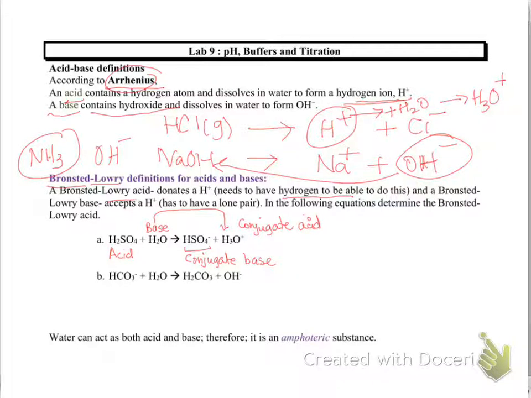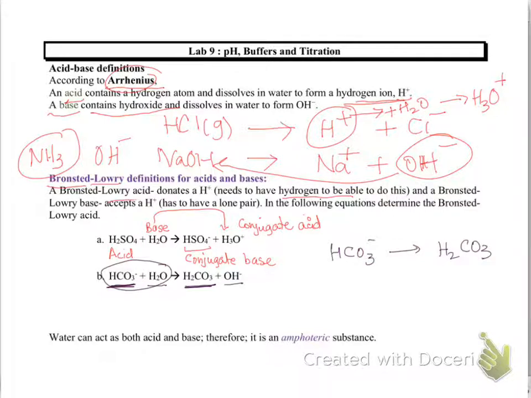Let's look at another example. Bicarbonate ion here reacts with water to produce carbonic acid and hydroxide ion. Now out of these two, which one is an acid and which one is a base? Again, look at it. On this side it is HCO3 negative, and HCO3 negative is changing to H2CO3.